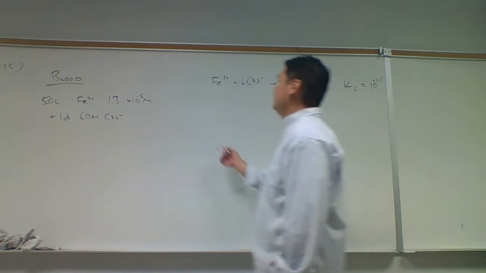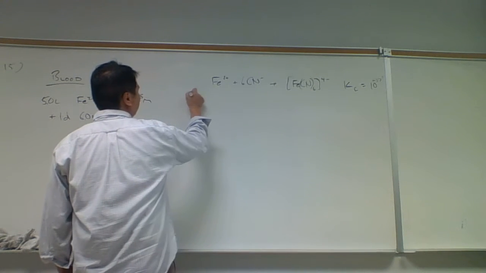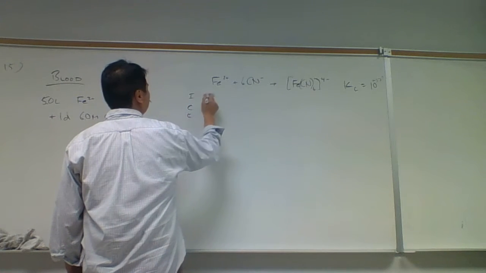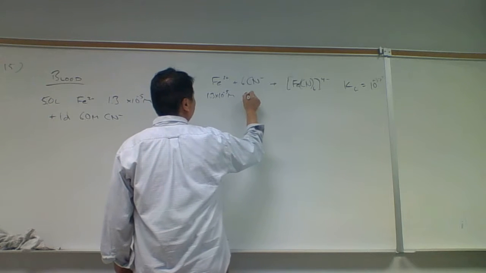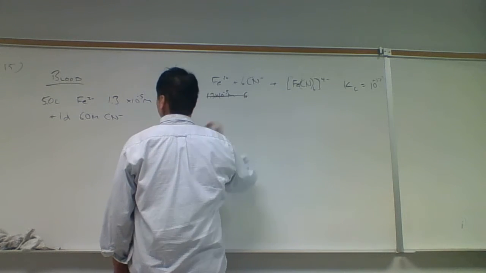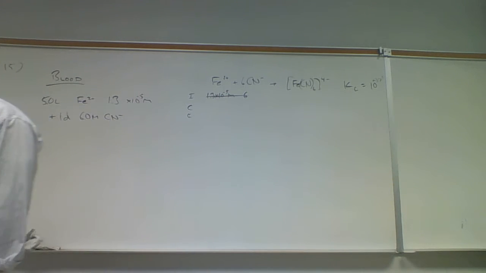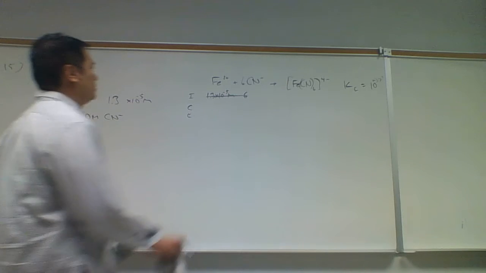And so we just set up our ICE table, and so initial is 1.3 times 10 to the minus 5 molar. Cyanide is 6. Actually, this is wrong. I can't do this because whenever we mix 2 solutions together, I have to do solution dilution. So this is incorrect.